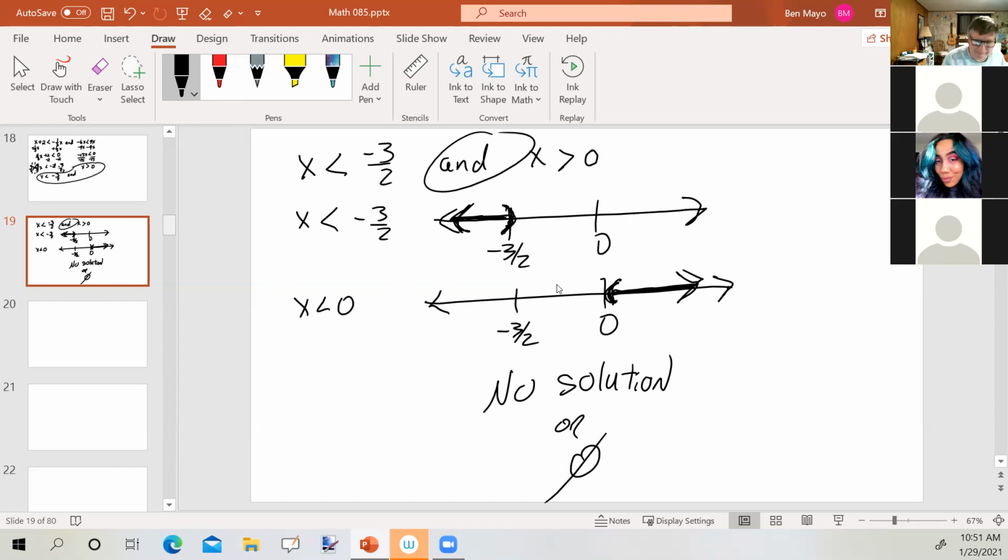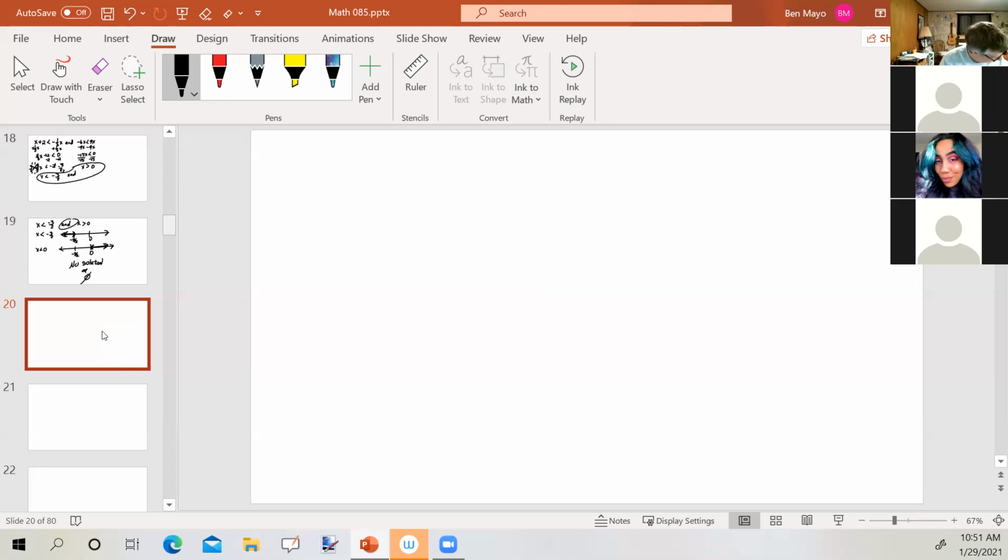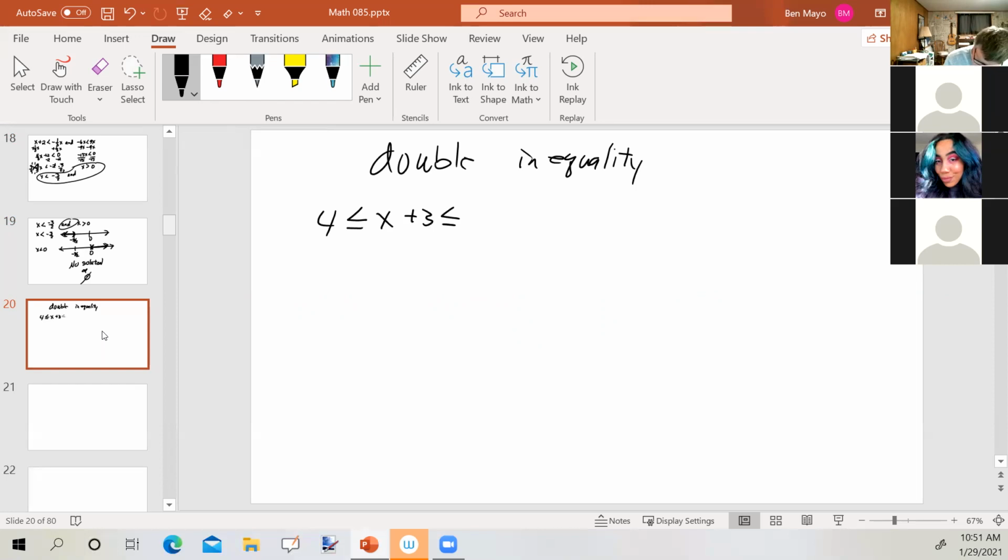Okay, right. Now we're going to solve what is called a double inequality. We've got 4 less than or equal to x plus 3 less than or equal to 7. What we're going to do is solve this for the variable in the middle.